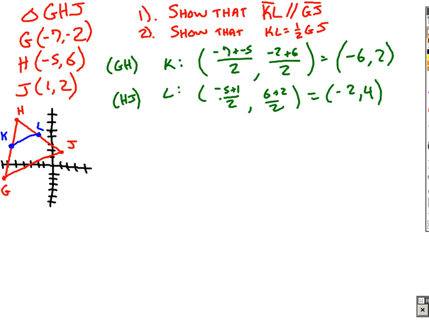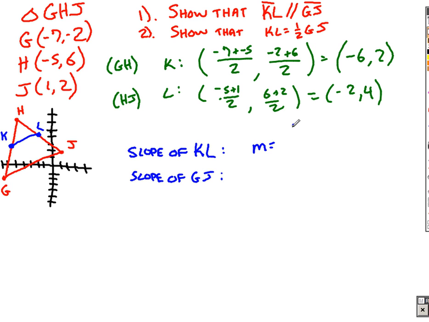So to show that they are parallel, I need to find the slope of each. I'll start with the slope of KL, and then after that the slope of the big segment GJ. So first for KL, slope is rise over run, or y's over the x's.